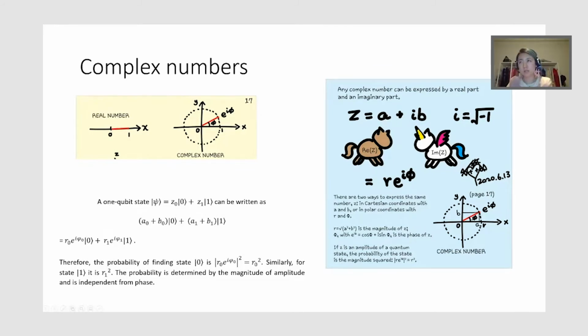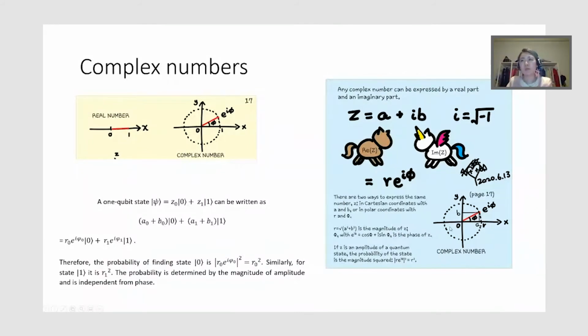This arrow is basically expressed as its projection onto these two axes, a and b. But you can also write it in polar coordinates, which have a length r and a phase phi. You can express r and phi in terms of a and b and the angle in this diagram.